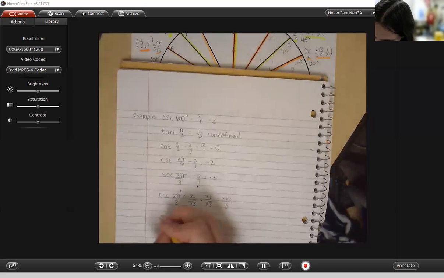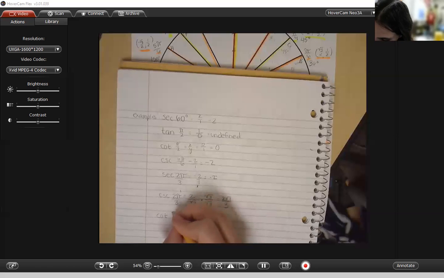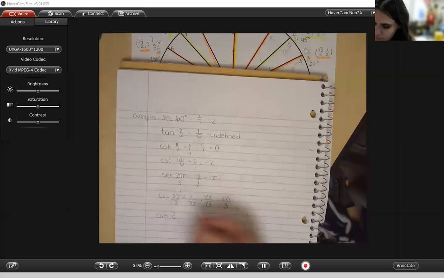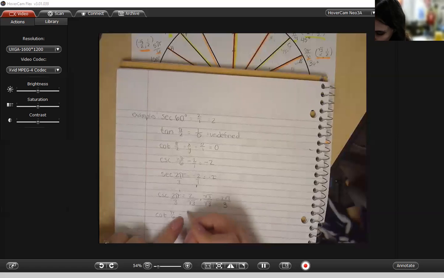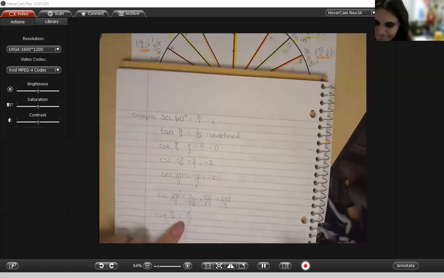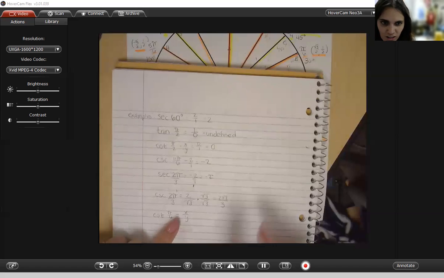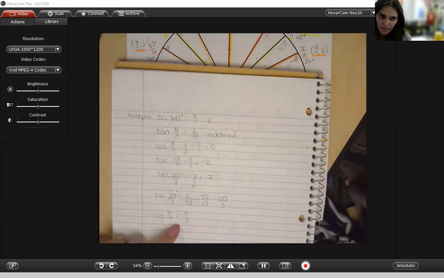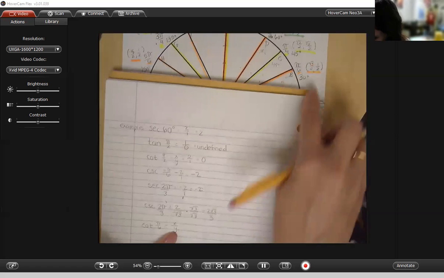Let's try the cotangent of pi over 6. This one's just going to be x over y. Cotangent and tangent, I'm not flipping as much as I'm having to do a little bit of math. So let's go to pi over 6.